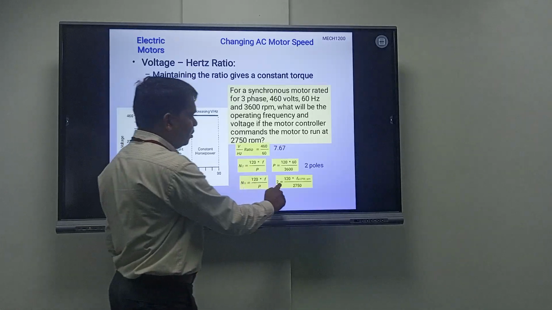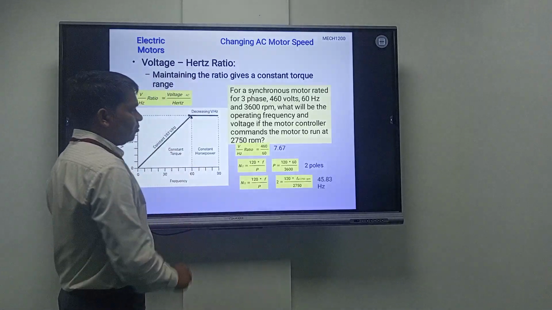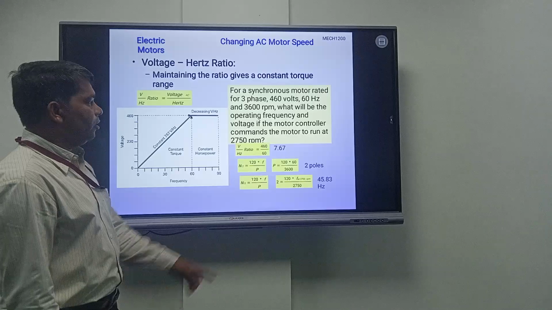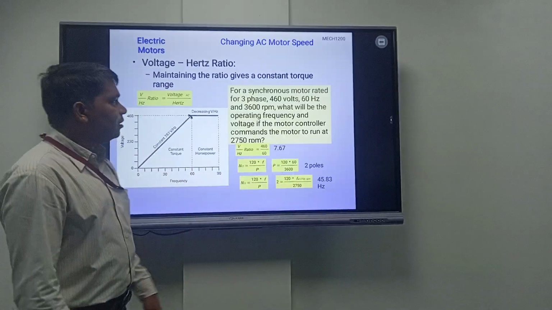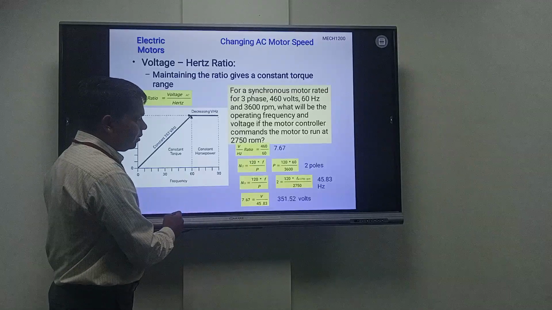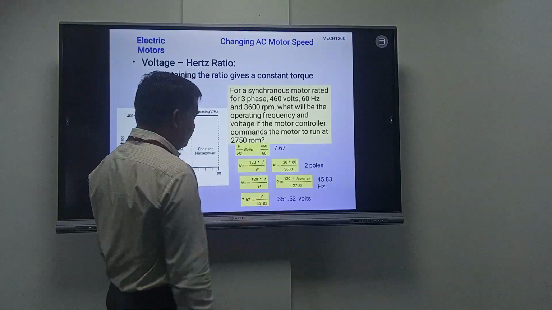So you can say it equals this much. So 45.83 Hertz. Voltage ratio this one, frequency will be this one. So automatically you can get this much voltage.